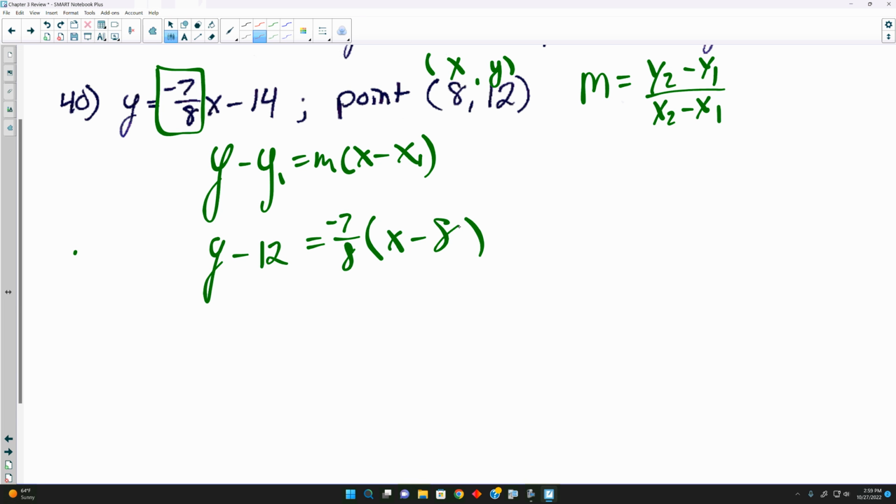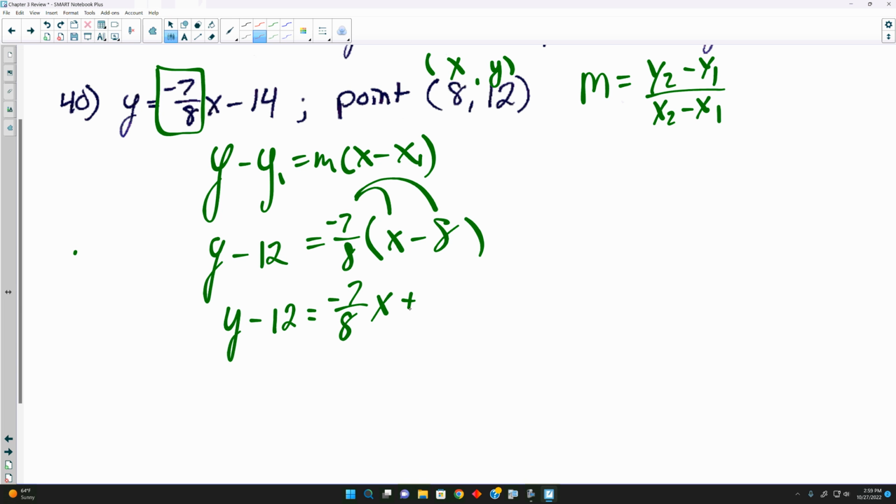We get y by itself. So the first thing we can do is distribute the negative 7/8. Now luckily negative 7/8 times x is kind of nice. It's just negative 7/8 x. Now negative 7/8 times negative 8, the negative and negative would make a positive.